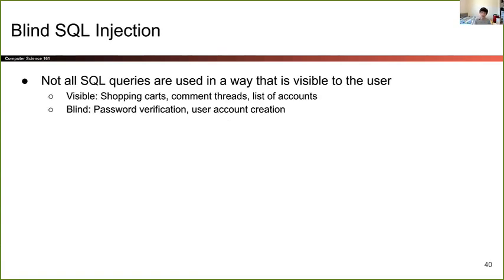If we're doing something like password verification, we won't ever get to see the return value of the query. It'll just query the password hash, then hash it, and then return you true or false. For user account creation, it's never going to say, oh, you have created your account, here is a list of random data. It's just going to say account creation successful. So you're not always going to get feedback from the server.